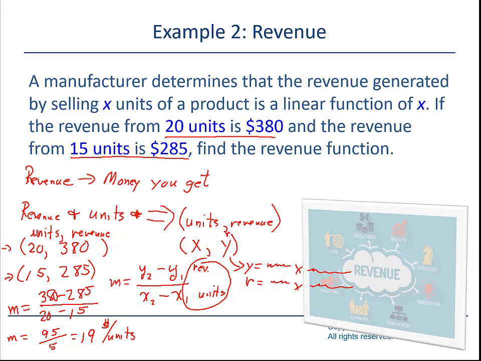We don't have an equation yet, though. This gave us the slope. That basic formula gives us the slope. Subtract the y's on the top, subtract the x's on the bottom, make sure you're subtracting in the same order.